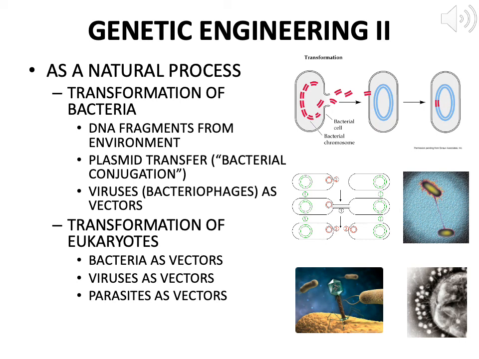But that's not the only way it can happen. My second bullet tells me about something called plasmid transfer. Bacterial cells a lot of times will have these little round circles of molecules called plasmids. You will become familiar with them as you work on the OpenStax project that's required in this course.